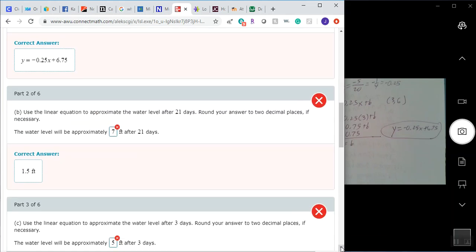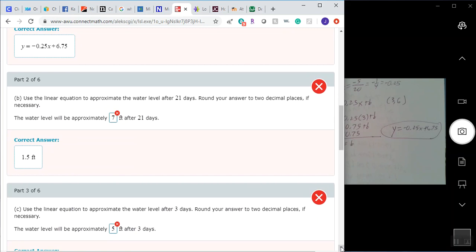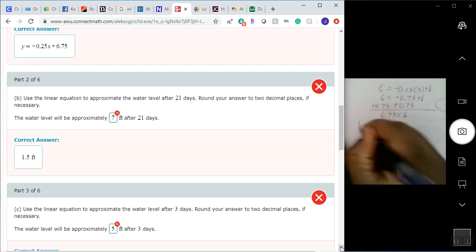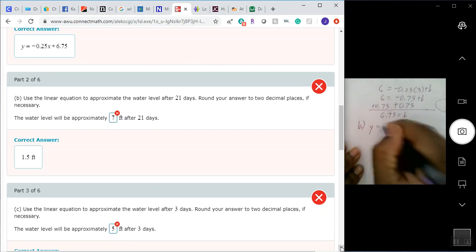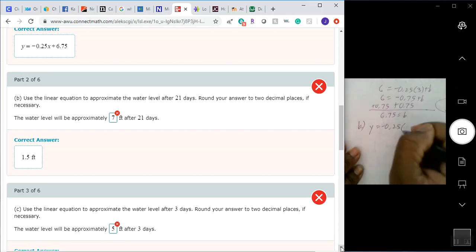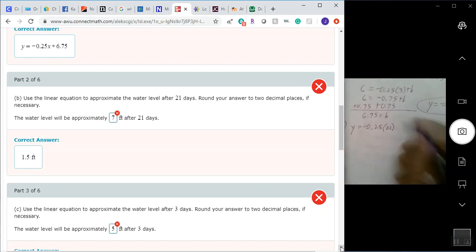Now we go to part B. It says use the linear equation to approximate the water level after 21 days. We know x represents the number of days. So for B, we have y equals negative 0.25 times 21 days plus 6.75.